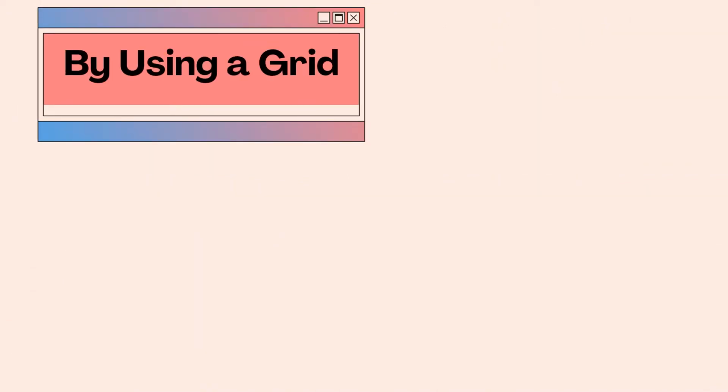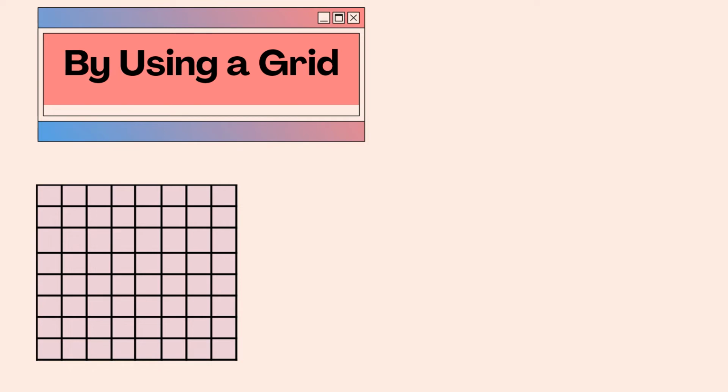How about if we're going to use a grid? How are we going to get the area of a certain figure? We have here an example. This small square refers to 1 square unit. Now, how are you going to get the area of this? All you need to do is count the number of square units in one side.